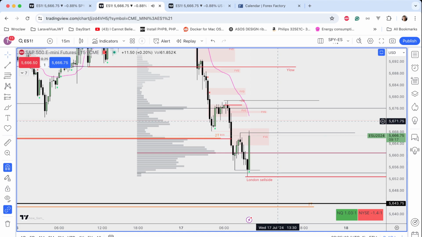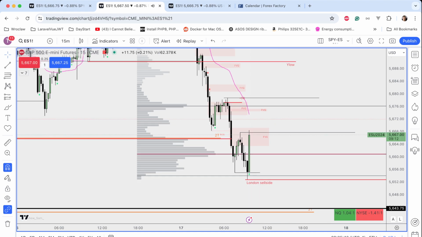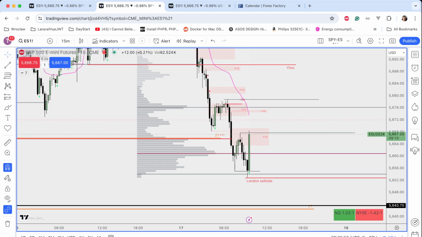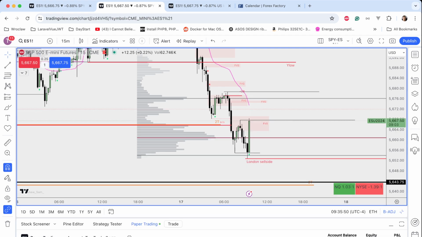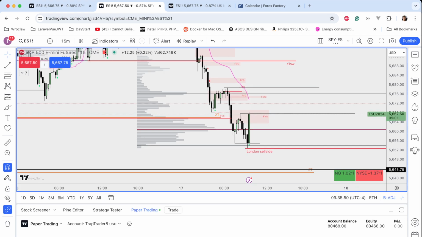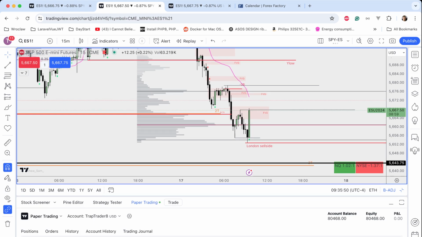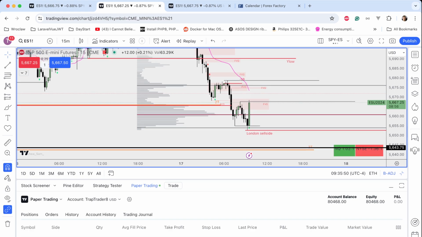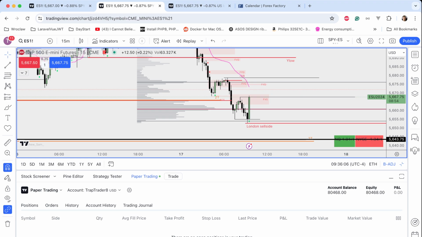So, let's see if we have anything open at this point. No, there's no open position. Fine. It's just OBS is making this computer very slow. All right. Okay.